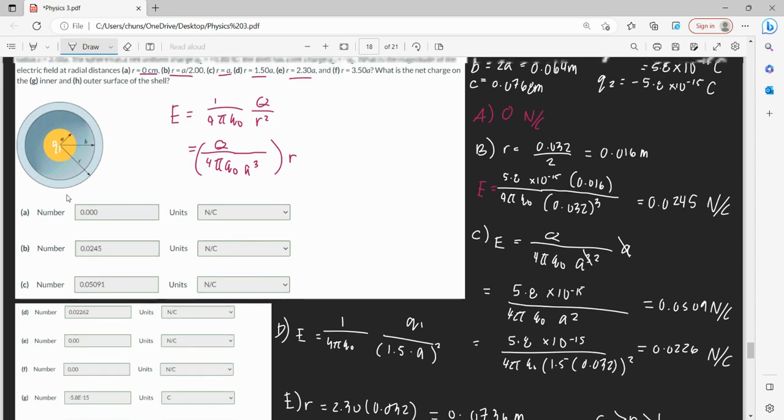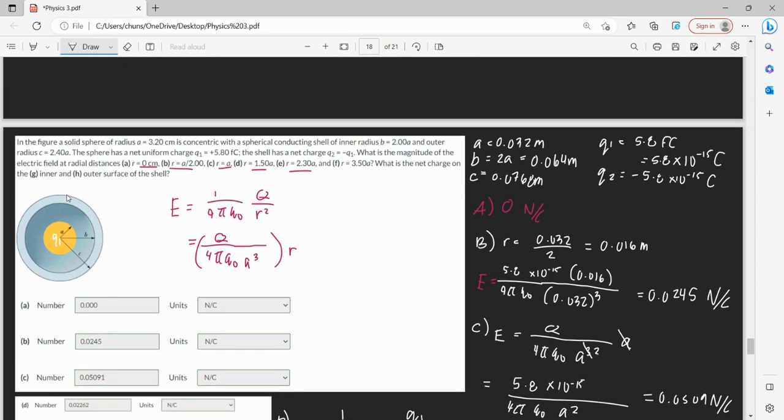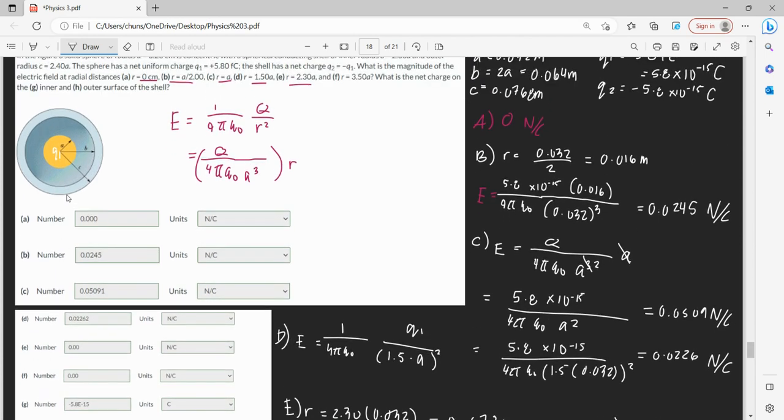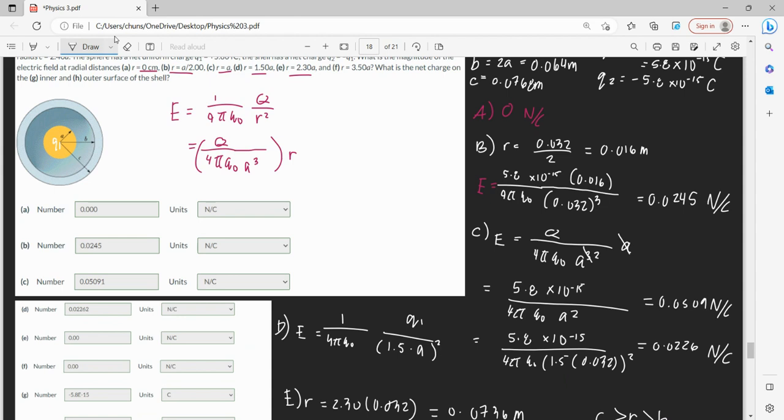So we would just use negative Q1 for what we're enclosing, so that makes it negative 5.8 times 10 to the negative 15. And the reason it is measured at 0 at the outside of the shell is because we know that Q1 is equal to Q2. So if we did Q1 plus Q2, they're the same magnitude, opposite charge. So that means it's just equal to 0 when we add it all up.